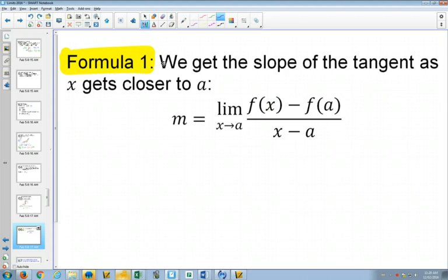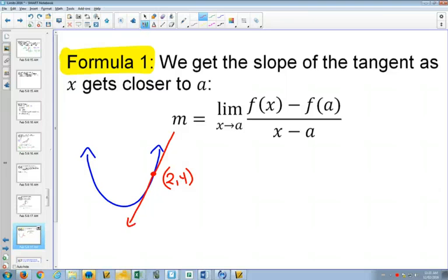So let's say we take a parabola, and you want to find out right here at (2, 4), how steep is that line? Well, first of all, I hope you can see that it has a positive slope. So we should get a positive slope for that red line.